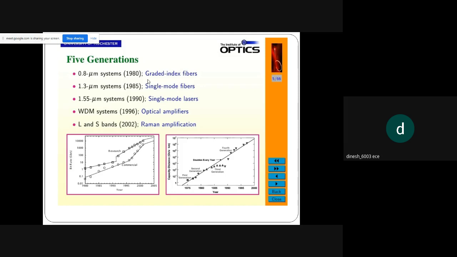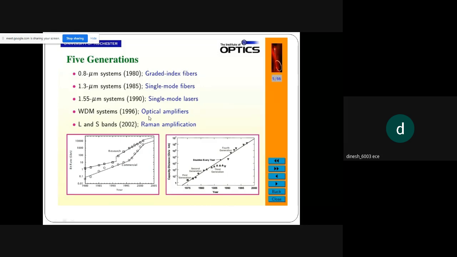In 1985, the second window started, where the operating wavelength was 1.3 micrometer, used with single mode fibers. In 1990, the third window systems were evolved by using single mode lasers operating at 1.55 micrometer.